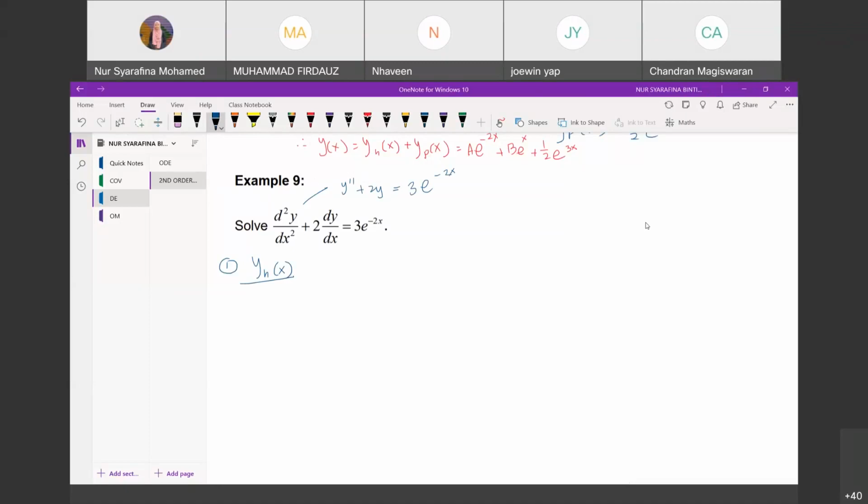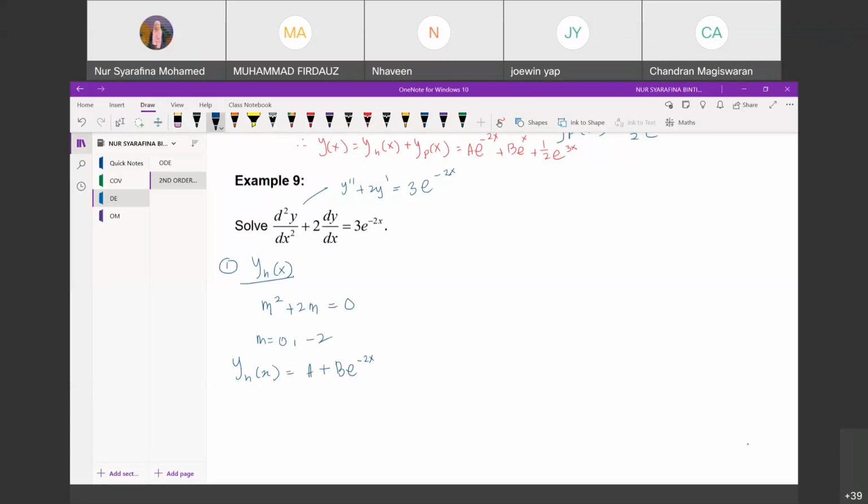We need to find YH by converting this to the characteristic equation, m squared plus 2m equals 0. You will get m is 0 and minus 2, right? So your function of YH should be A plus B e to the power of minus 2x. This is your YH.